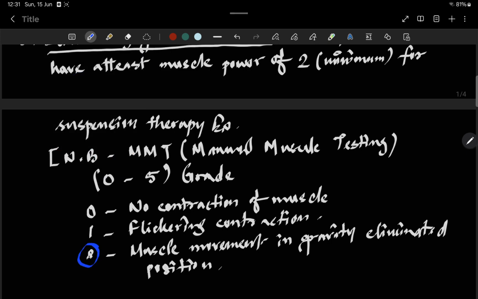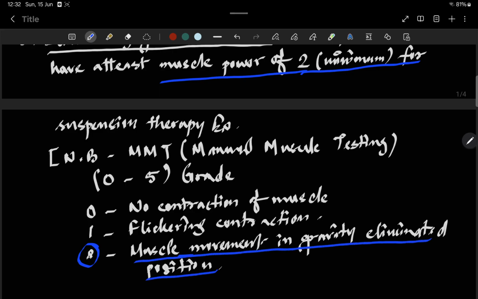At least muscle power of 2 should be there to initiate the suspension therapy, where grade 2 denotes muscle movement in gravity eliminated position.